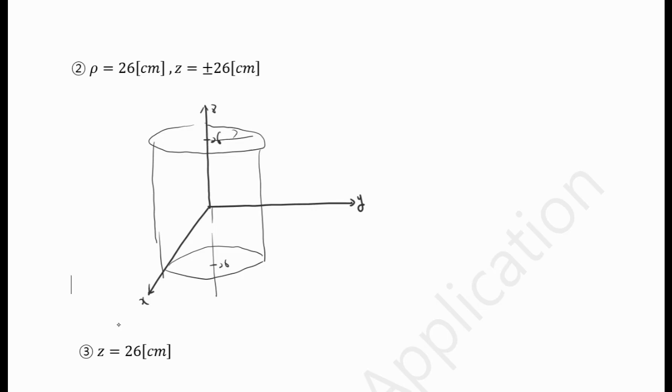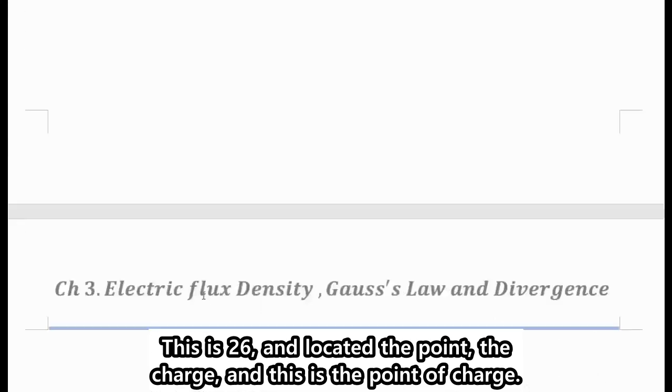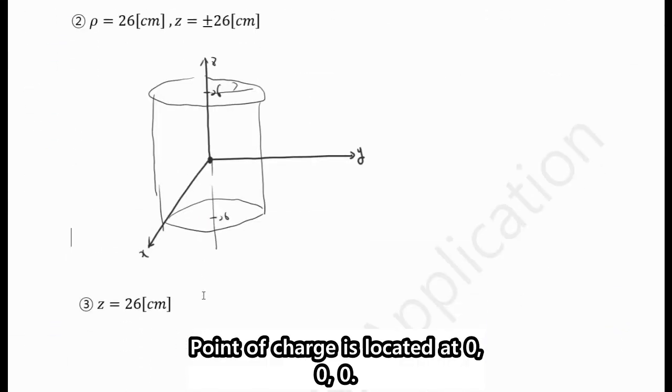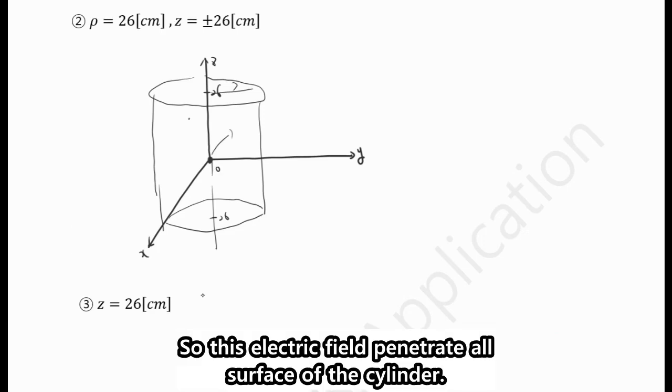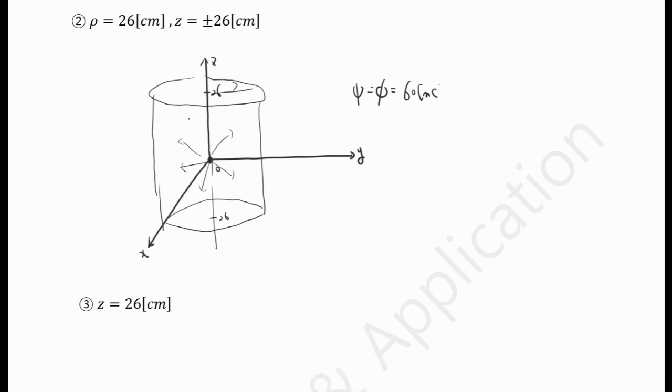The charge is located here, and this is the point charge, located at 0, 0, 0. So this electric field penetrates all the surface of the cylinder. So the answer is 60 nanocoulomb. This is the answer.